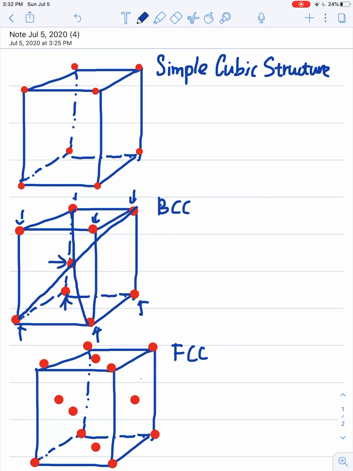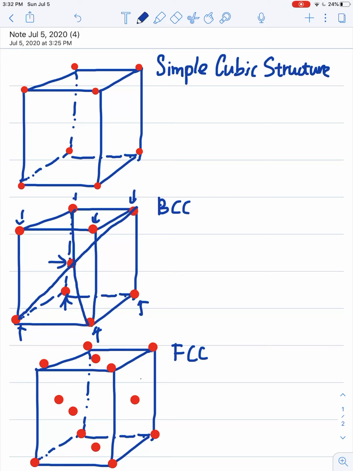However, you can see this unit cell is inside of a lattice. So the atom at the corner of this cube is shared with 1, 2, 3, 4, 5, 6, 7, 8 other cubes. So the atom at a corner is only 1/8 of an atom, if that makes sense.